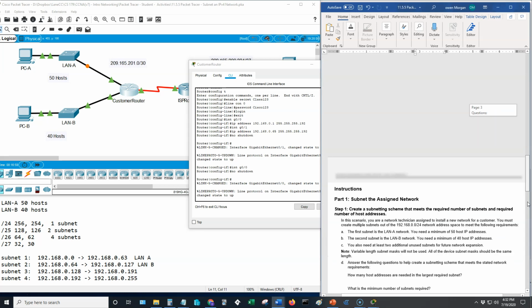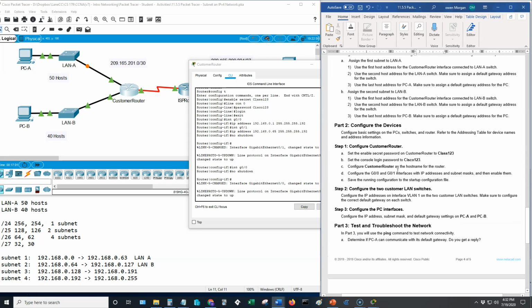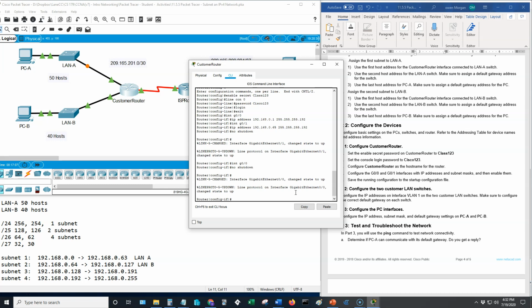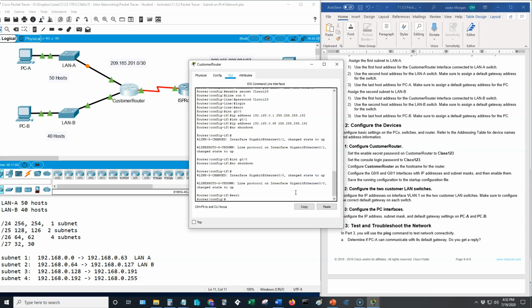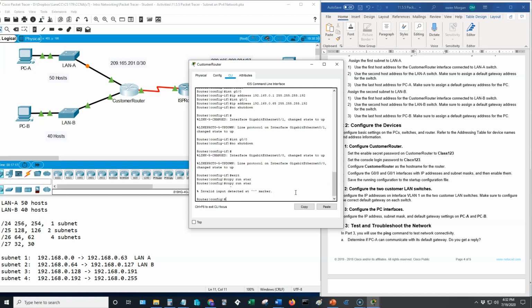So let's go back down our list. So then it wants us to, let's see, on this router, let's just save the running config. So we're going to go copy, run to start. See if I did it wrong. Oh, let's go copy.